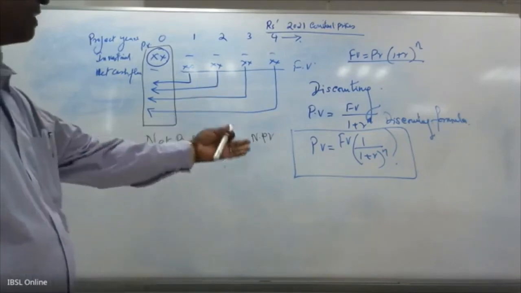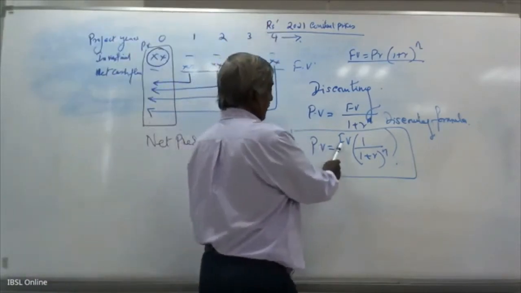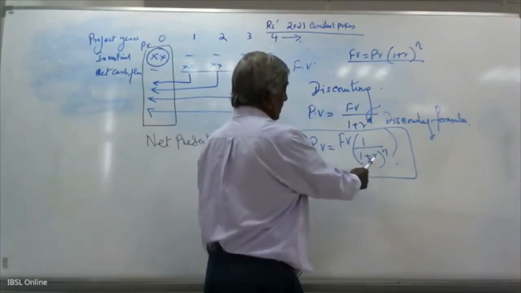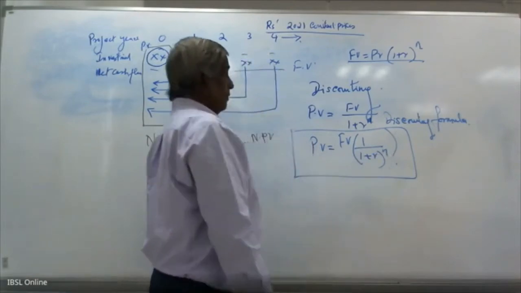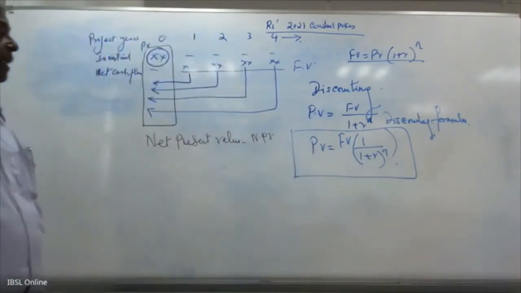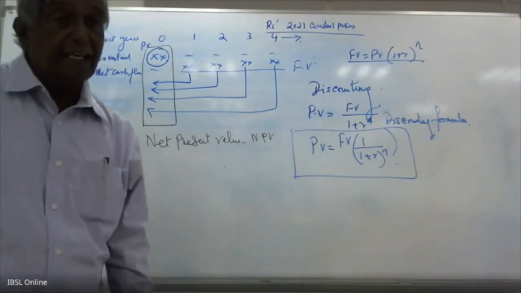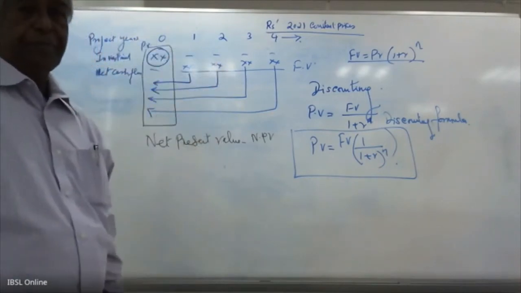And the interest rate here is the same. This is present value PV, FV is the future value, and 1 divided by (1 plus r) to the power n is the discount factor; r is the interest rate in decimal, n is the number of years. Discounting is a technique converting future values to present values.